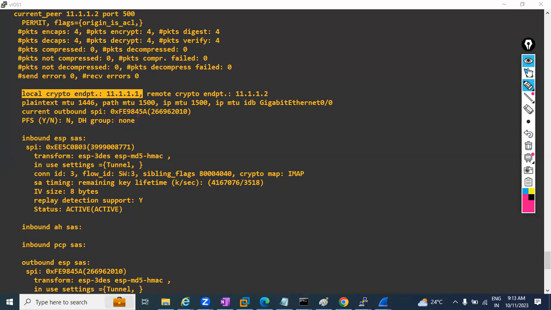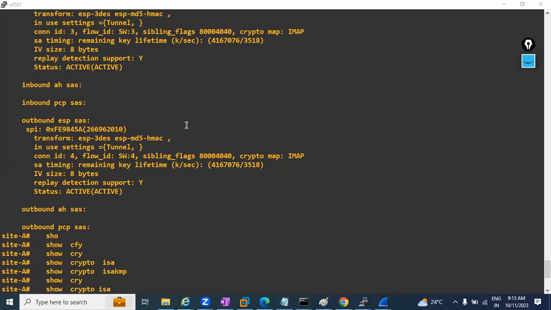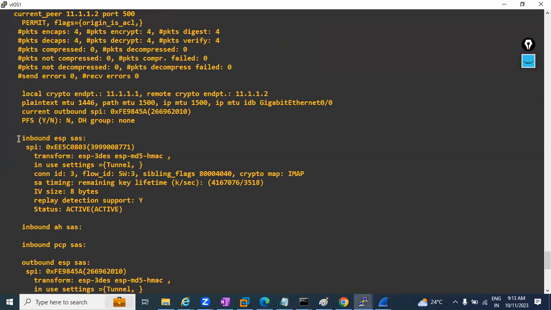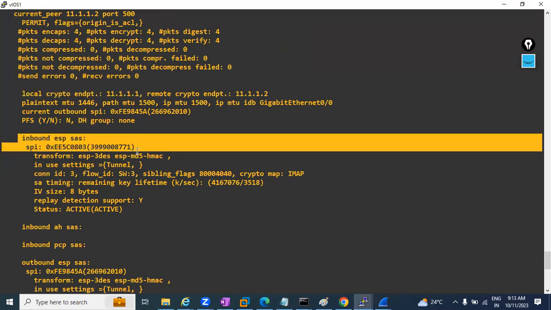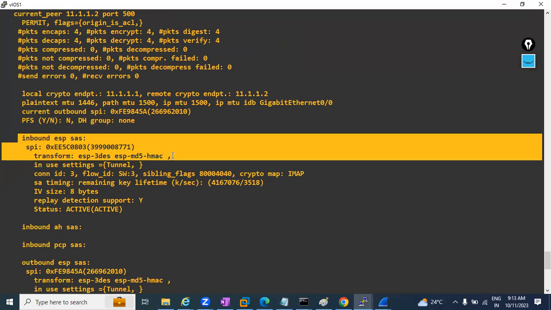Then we have inbound ESPs here. This is the inbound SPI, and this is the outbound SPI. Right now I'll just do one thing. This is from site A. This is now my inbound SPI. This is the transform set mode. This is up to here. I'll use it.